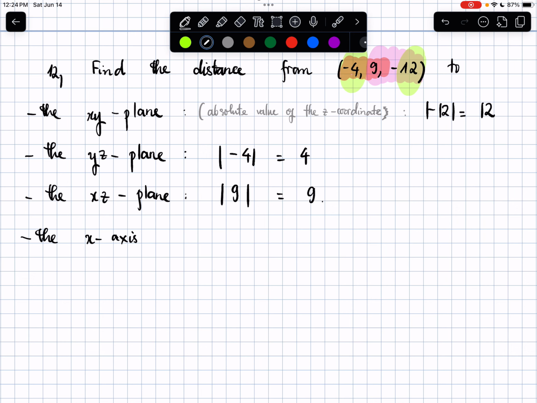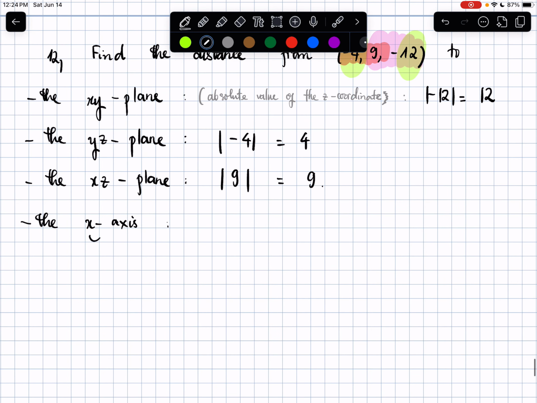Okay, and the distance from this point to the x-axis. The x-axis is in fact the set of points (x, 0, 0), where x is a real number.